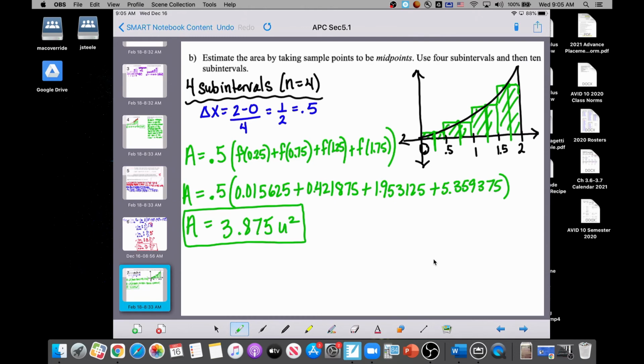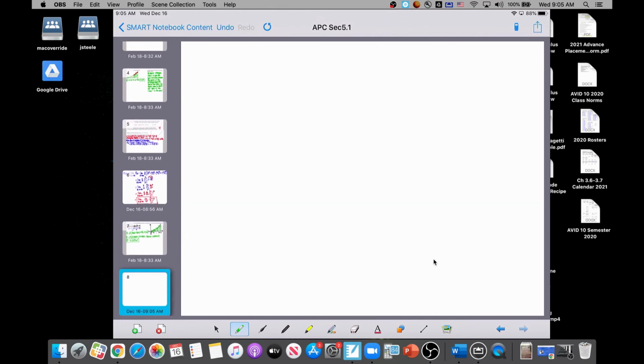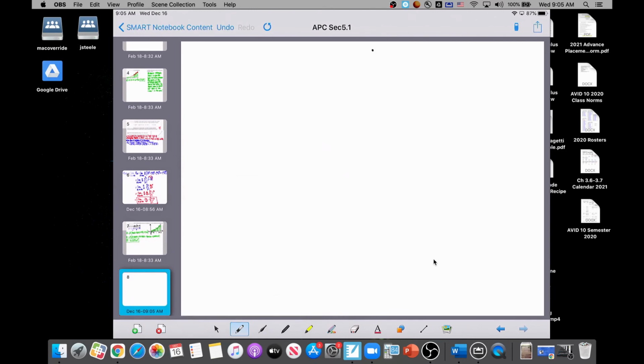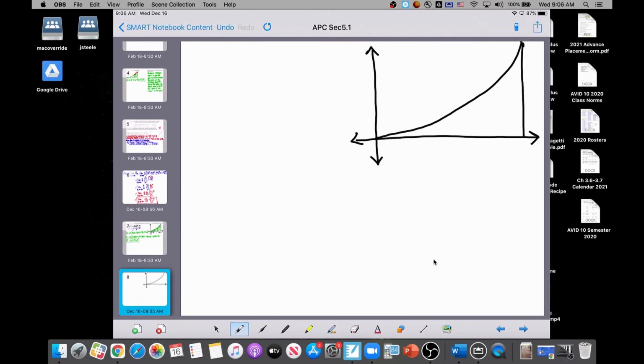Okay, so that is the area approximation that we got using 4 subintervals. Now they want us to do the same thing, but this time they want us to use 10 subintervals instead of 4. So we are going to start the exact same way. We're going to create a little picture here for ourselves of what this looks like, from 0 to 2. But this time we're going to divide it into 10 subintervals.